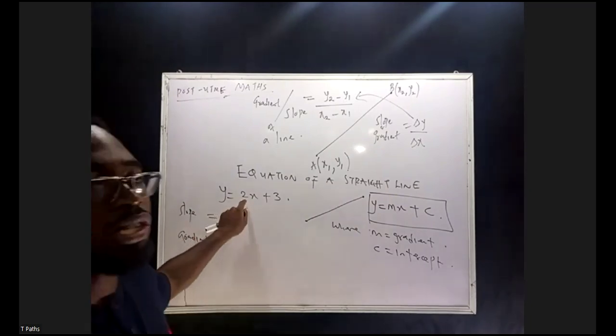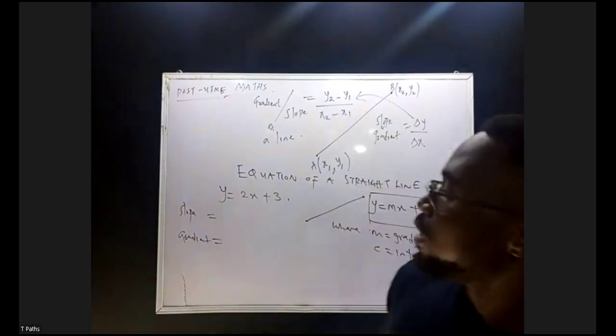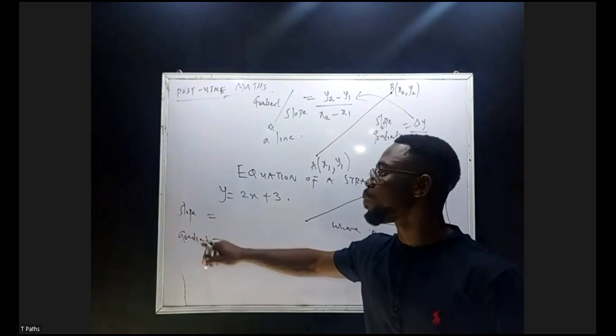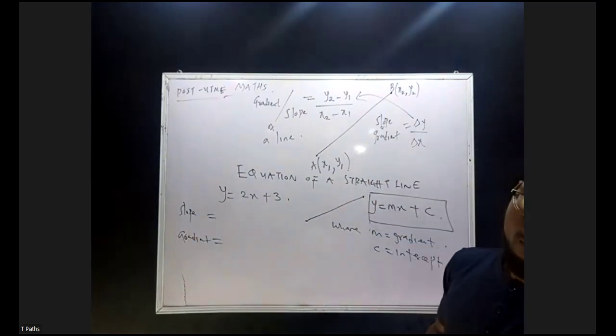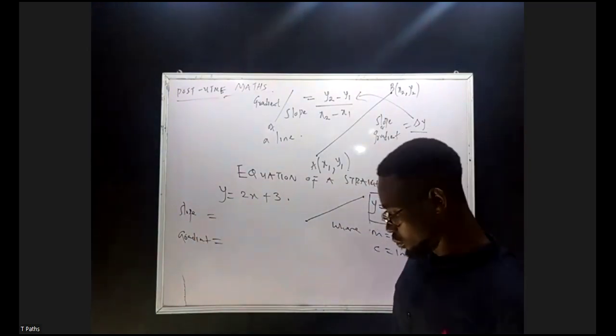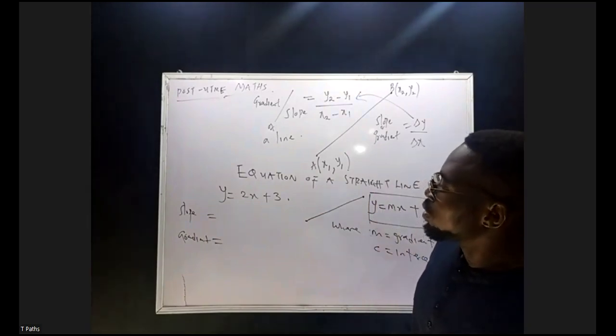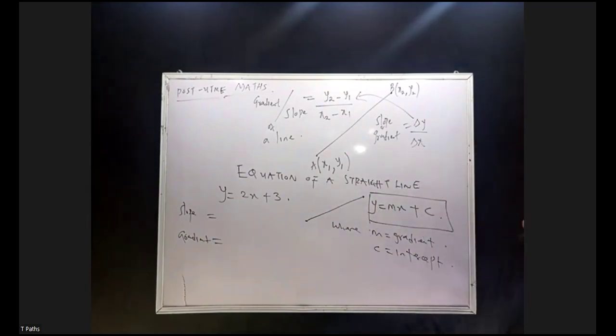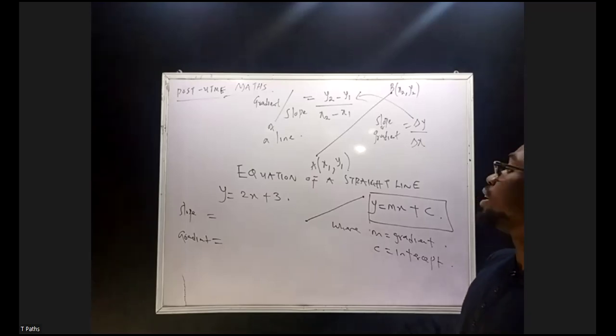Who can tell me what is the slope and what is the intercept there? Yes, the slope is 2, while the intercept is 3.